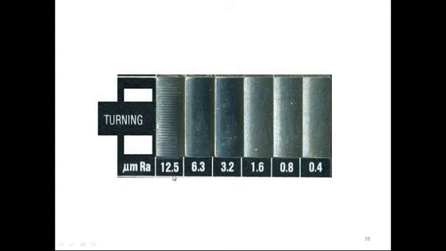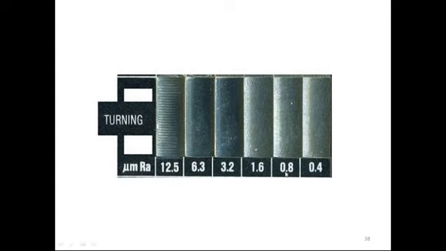When the surface has 12.5 micrometer Ra value, the surface will look like this one. When the surface has 6.3 micrometer Ra value, it will look like this one. When the surface has Ra value 3.2 micrometer, it will look like this one. When the surface has Ra value 1.6 micrometer, it will look like this one.